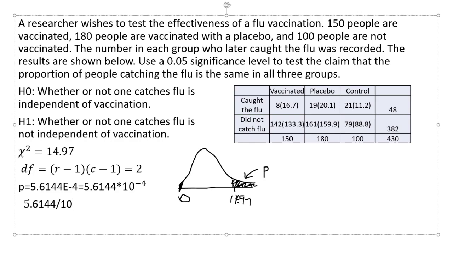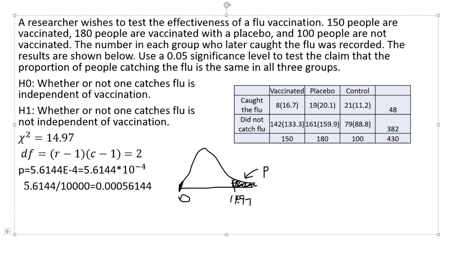Well, 10 to the first power is 10, 10 to the second power is 100, 10 to the third power is 1,000, and 10 to the fourth power is 10,000. So that value would be 0.000 and so on. It's one less zero than what you have. If you divide by 10, there won't be any zeros, but if you divide by 100, it'll be 0.0 and so on. If you divide by 10,000, you'll have 3 zeros, and then you have 56144. Okay, so that's the value of p.